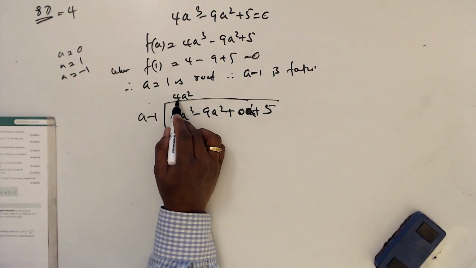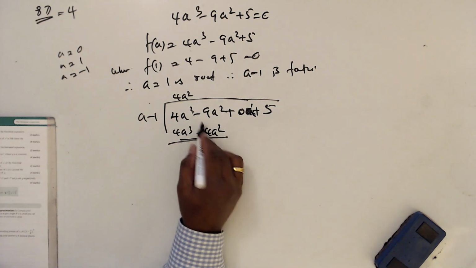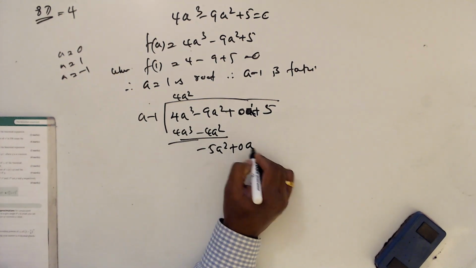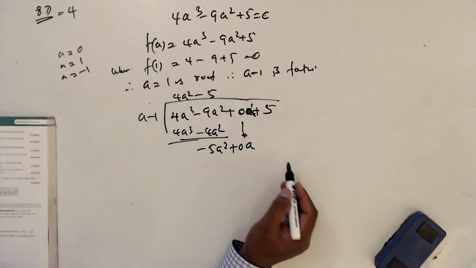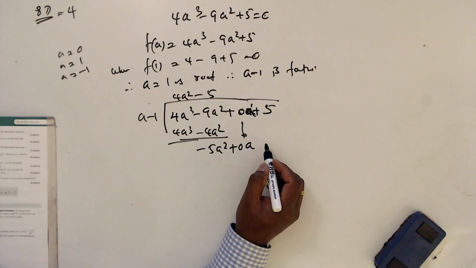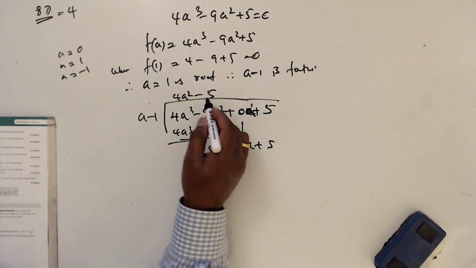So then this is going to be minus 4a square. This is going to be minus 5a square plus 0a. Here I bring down. Then this is going to be minus 5.